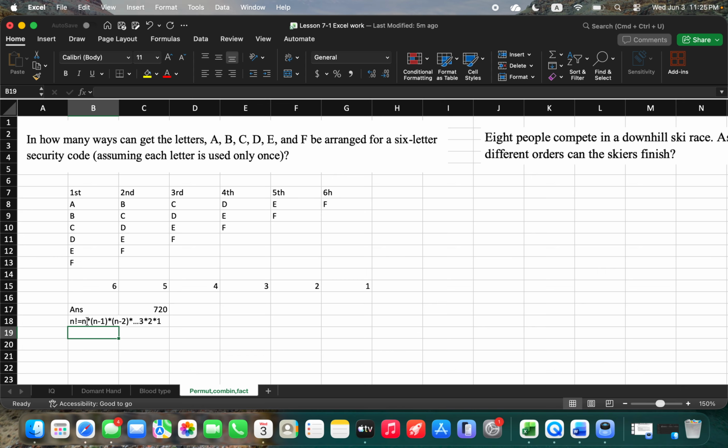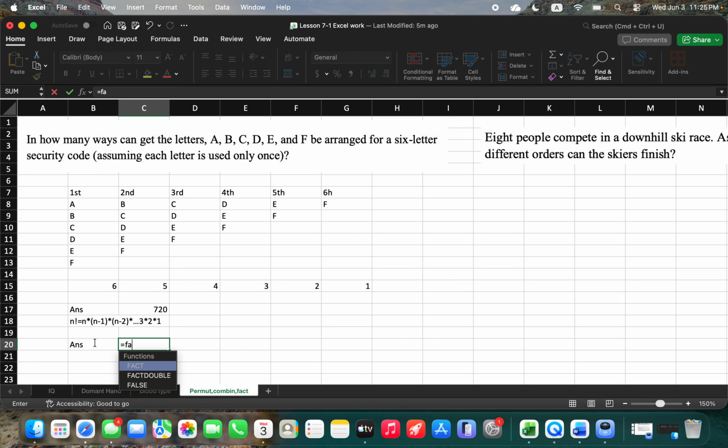Okay, therefore in this case we can say answer equal to FACT. So this is the factorial command, then choose it, and then you put 6 basically because there are 6 letters, so answer becomes 720 here.